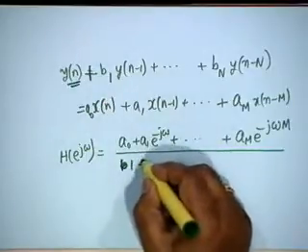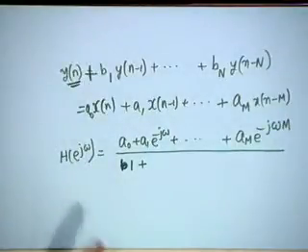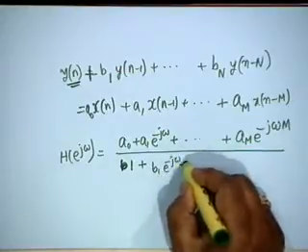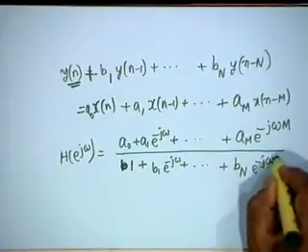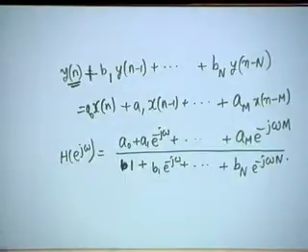If there was a b0 we would have divided by b0 also. So we make the coefficient of y of n equal to 1. So 1 plus b1 e to the minus j omega plus etc. plus bN e to the minus j omega N. This is in general the form of the frequency response, and in general it represents an IIR system. There is no reason why it cannot represent an FIR system also, because there may be pole zero cancellation.